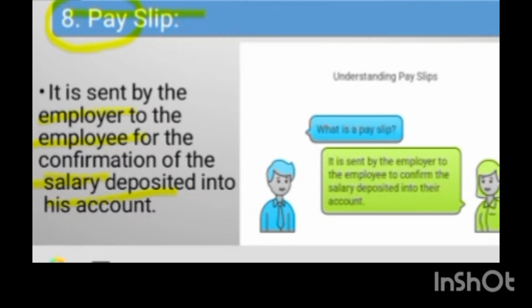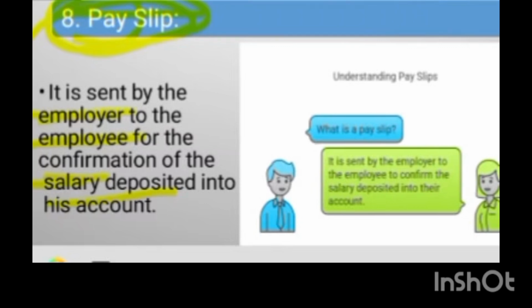End of the period, when it's the time to get the salary, the employer, means the owner of the company, will send the salary to the employee, right? And for that confirmation, he will issue the pay slip. It's also a slip. He will issue the pay slip.